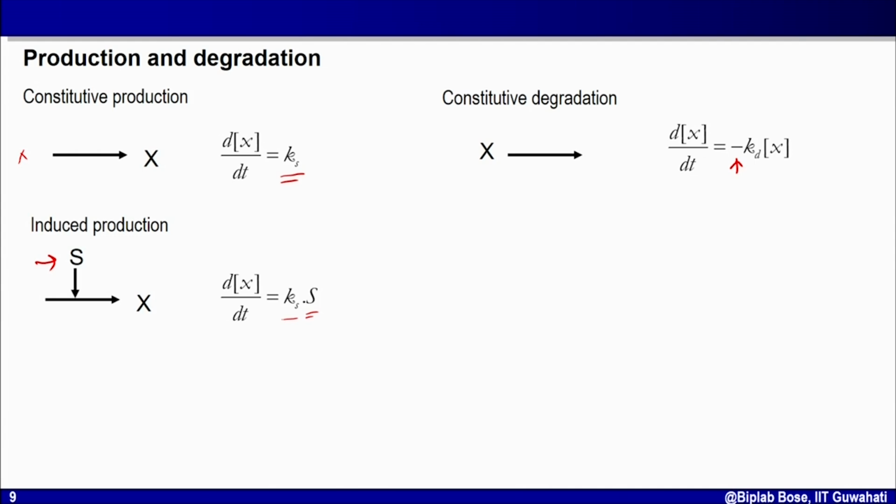Now degradation can also be induced. Sometimes a signal generated within the cell or from outside can go and tell the cell that you have to degrade a particular molecule. So in that case, what type of ODE will I write?